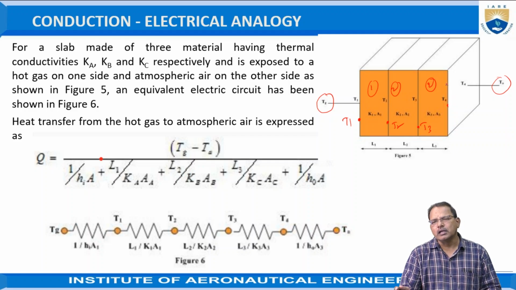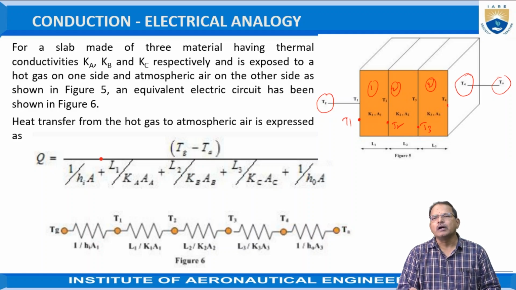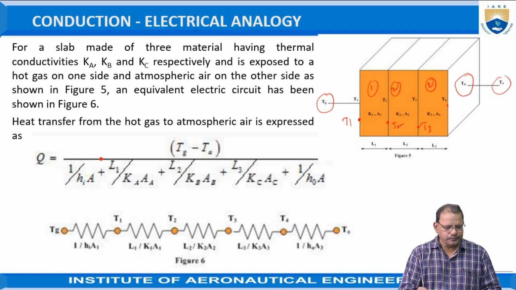From T4, the energy flows to the atmospheric air, which is represented as T alpha naught.